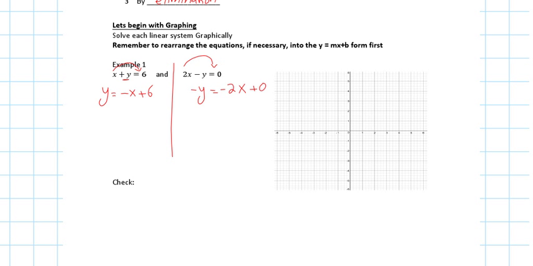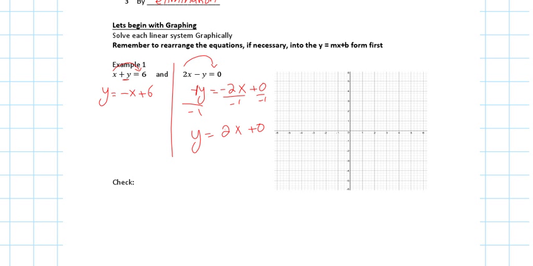The number here is 1, so I divide by negative 1, which gives y equals 2x plus 0. What's your slope for the second equation? 2. And what's your y-intercept? 0.